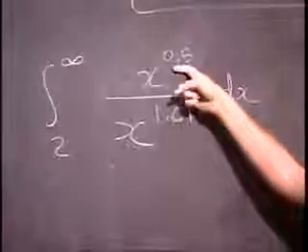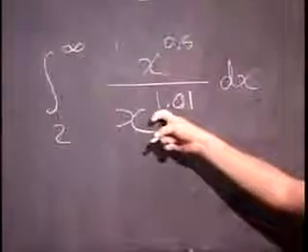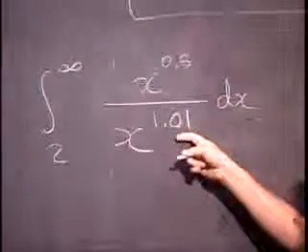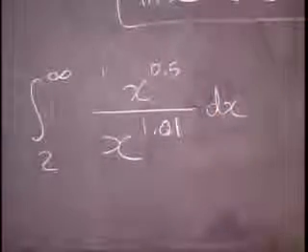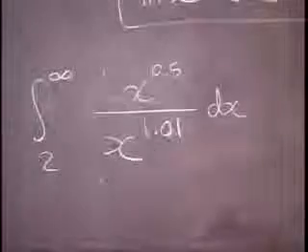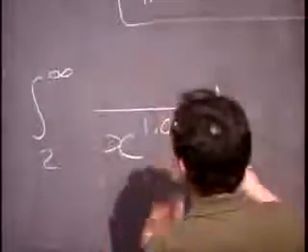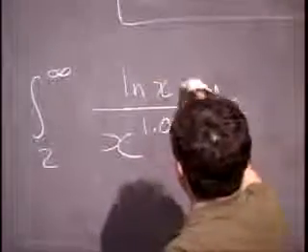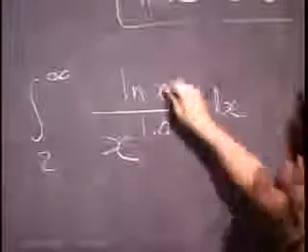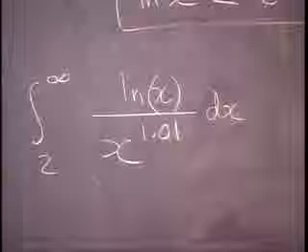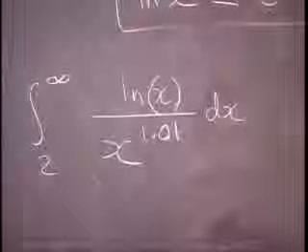If you cancel this out, you'll get 0.51. And this big thing on the top has made this smaller than 1 in power. And that's no good. That would diverge. So the question is, how much difference does it have to have the log x on the top? And the answer is not very much. But you have to be clever about it. You have to use this principle.